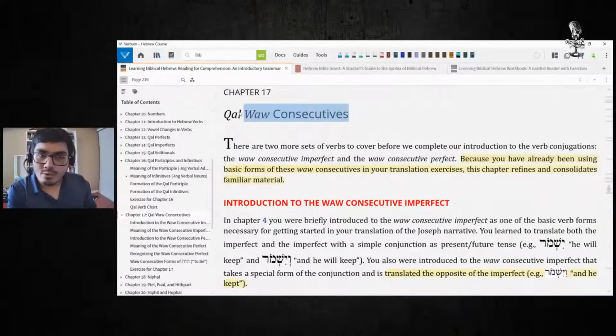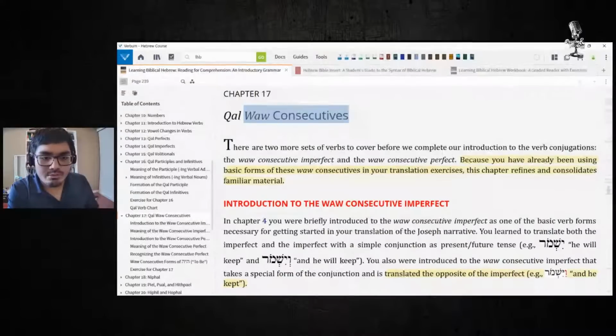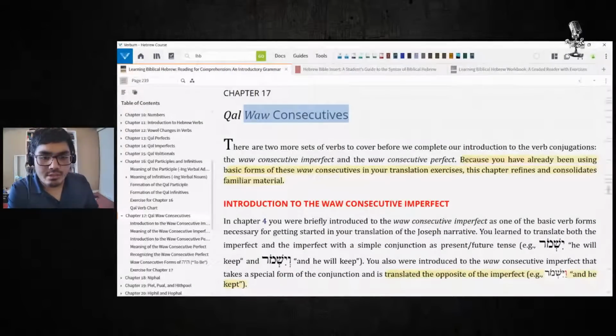Up to this point, we've only been working with one type of binyan in the Hebrew. There are multiple binyanim. You have the nifal, the piel, the pual, hitpael, the hifil, and the hofal. Those will be covered in subsequent chapters. And besides that, there are a few rarer forms that you'll very seldom ever run into.